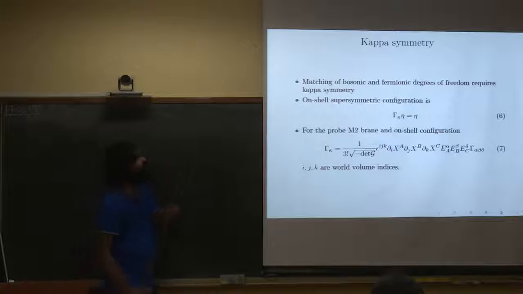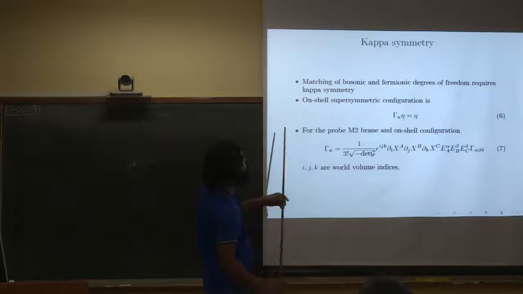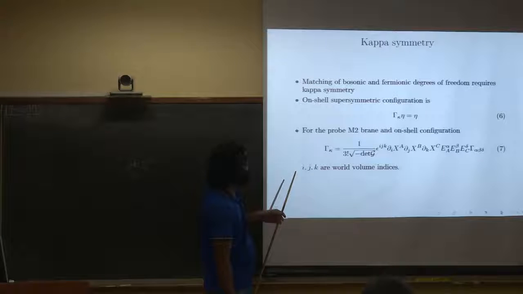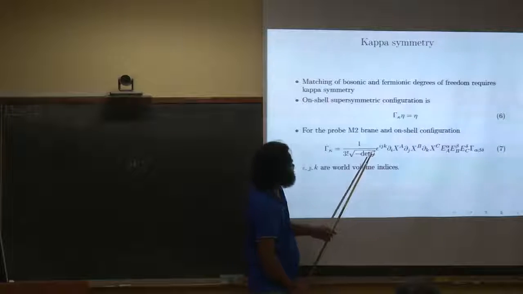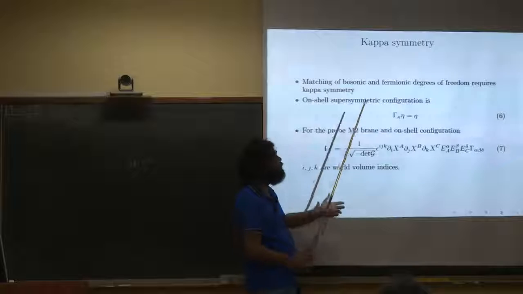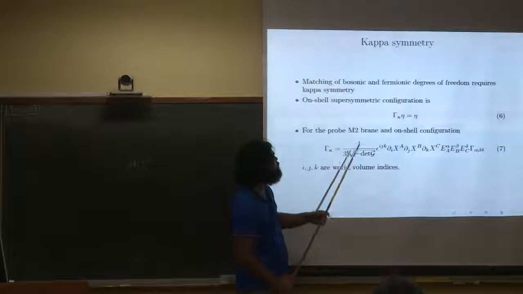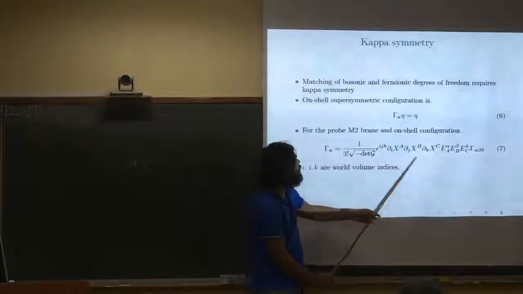So now comes the kappa symmetry constraint. Again, people in the supergravity community have been decently using kappa symmetry to balance the bosonic and fermionic degrees of freedom. So the kappa symmetry constraint is given by equation 6, and here eta corresponds to the covariantly constant spinors or Killing spinors in any geometry, and gamma kappa for the M2 brane is given by this over here.